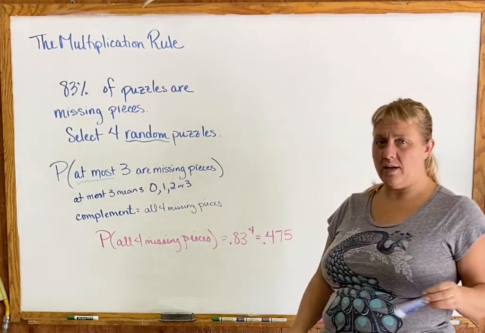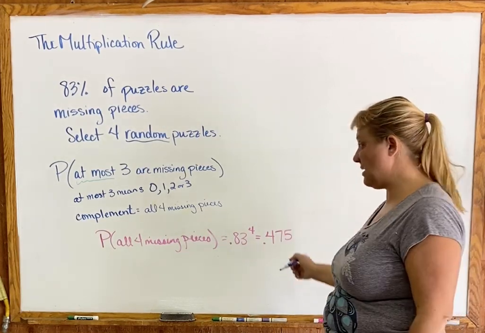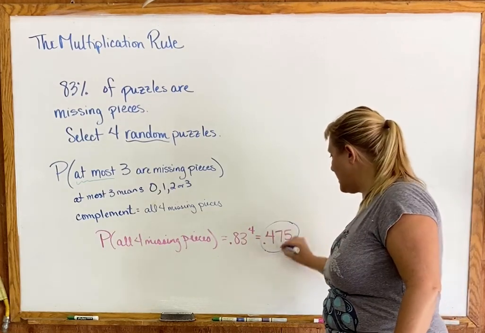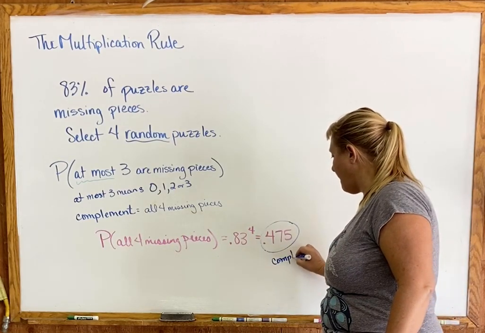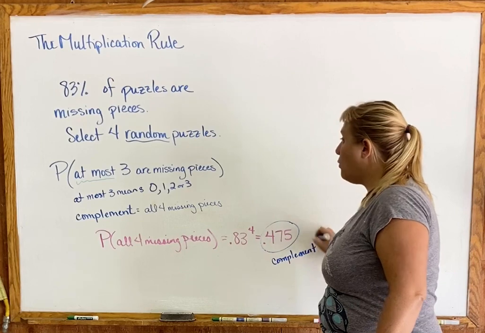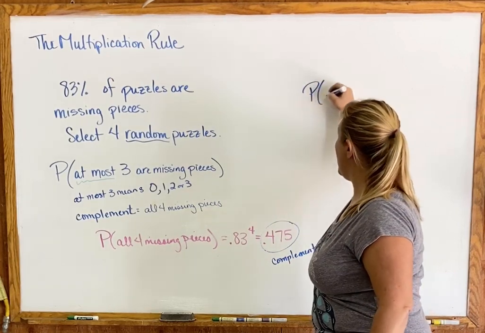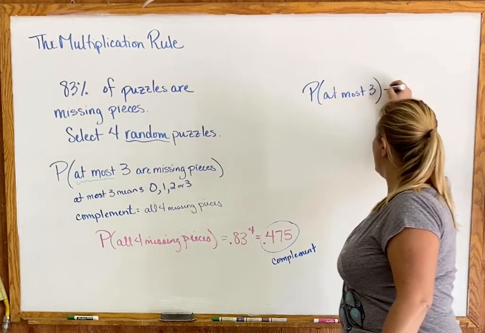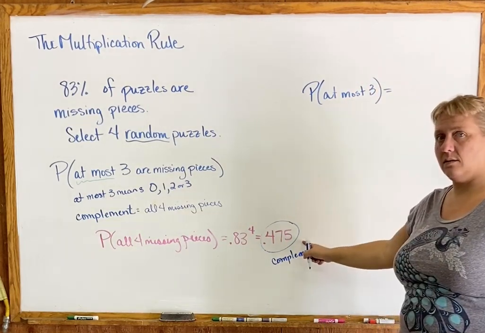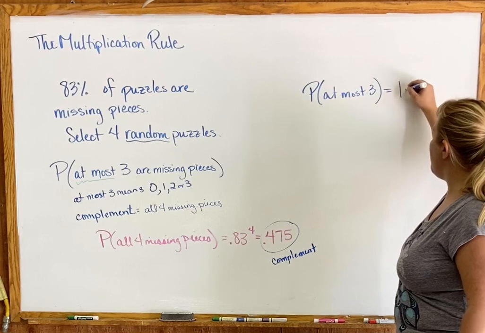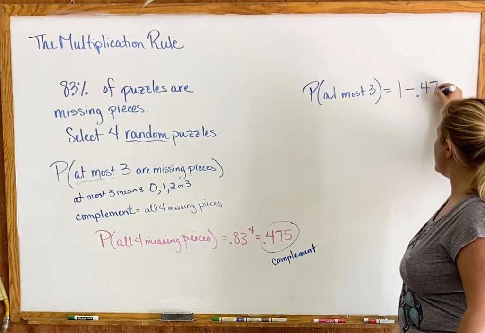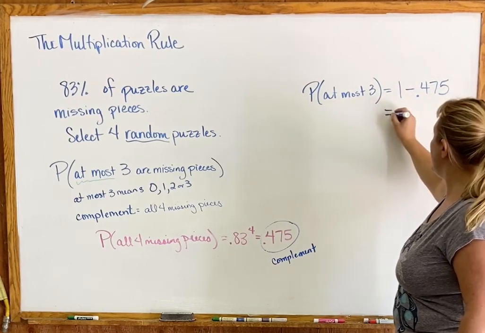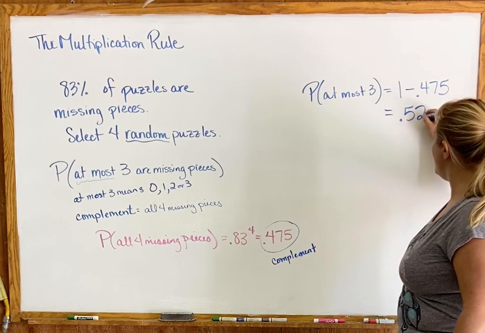But is that what we wanted? This is not what we wanted, is it? This is the complement. So if we want to find the probability of at most 3, what are we going to do with this? We're going to go 1 minus 0.475, which should give us 0.525.